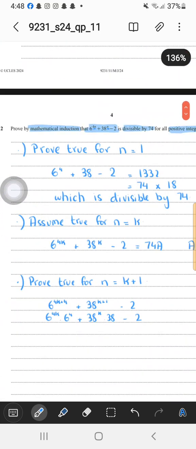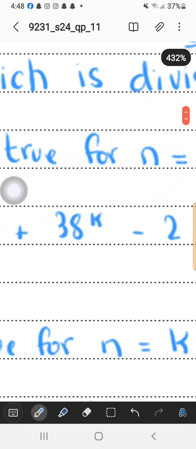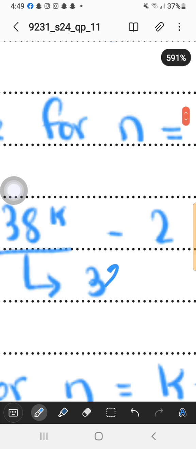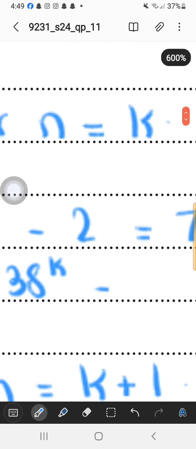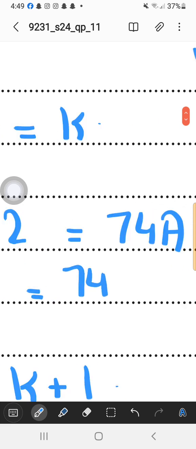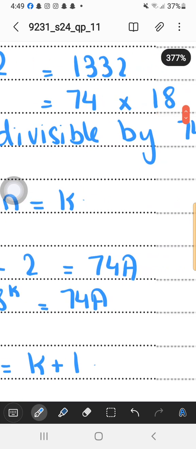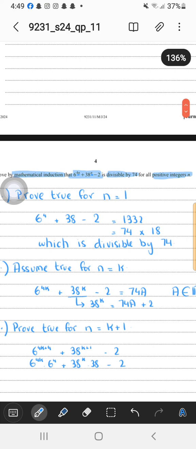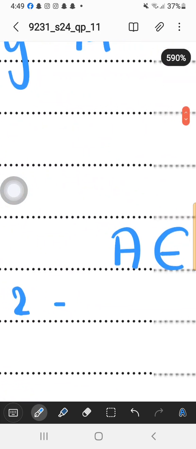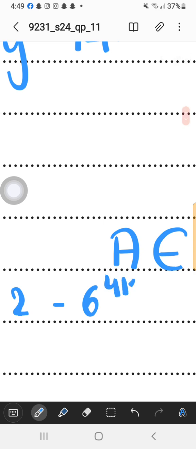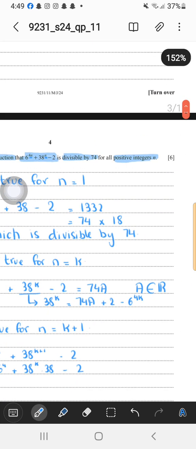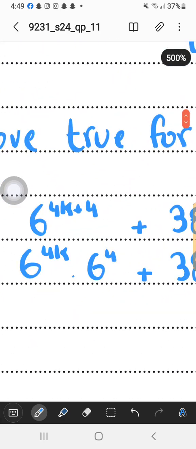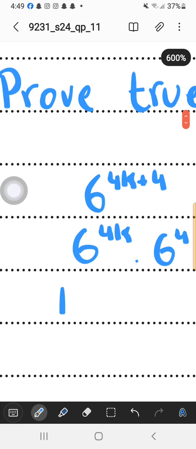Now we have to substitute something, so from the assumption I find that 38^k is equal to 74a. The minus 2 goes towards the right and becomes plus 2, and the 6^(4k) goes towards the right and becomes minus 6^(4k). Let's insert this in the place of 38^k. If we find 6^4, it becomes 1296.